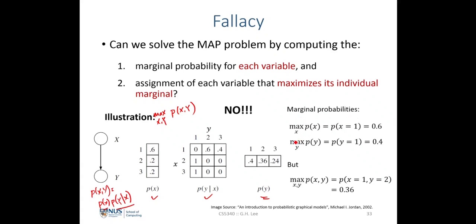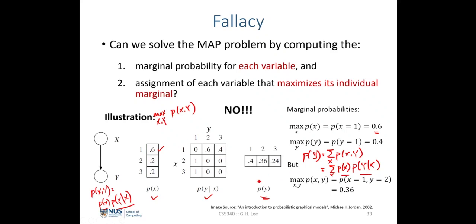The max over x is simply given by this table over here, where we can see that when x equals 1, it's 0.6. This has the highest probability value over the marginal probability distribution of x. The marginal probability of y would be marginalization over the joint probability of x and y, which equals the marginal probability of x multiplied by y conditioned upon x, where we can simply evaluate this marginalization over x on these two probability tables that we are given.